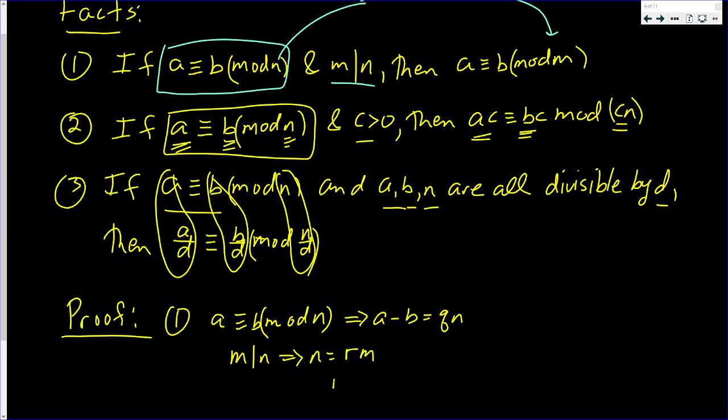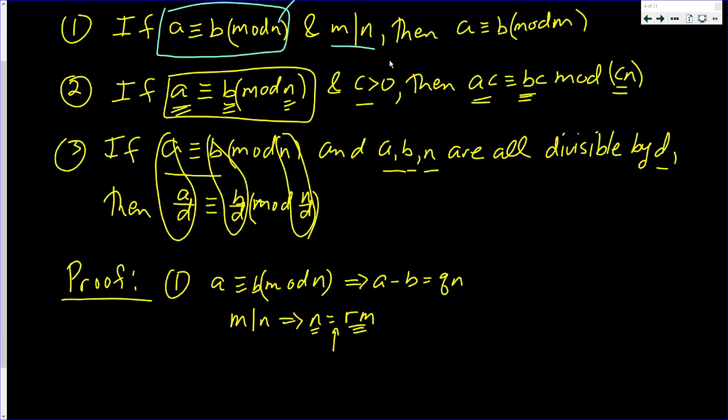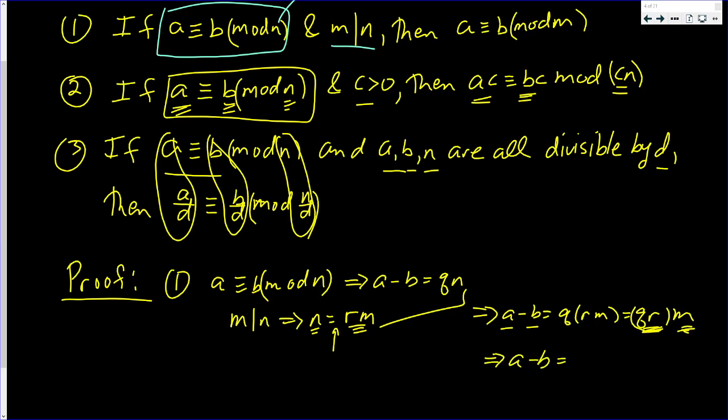So I can replace n with Rm. So these two together imply that A minus B is Q times Rm, which is QR times m. That's a multiple of m. This minus that is a multiple of m. That means A is congruent to B mod m.